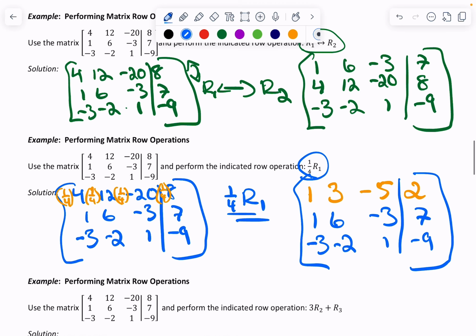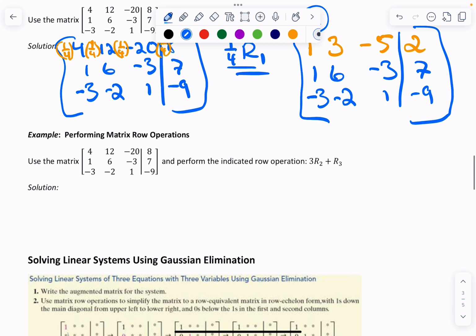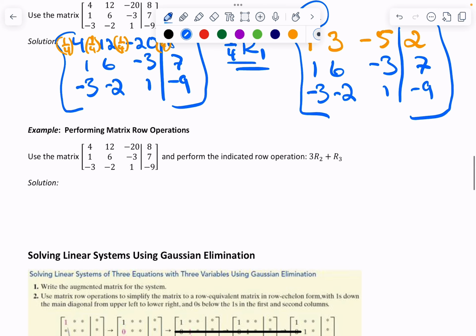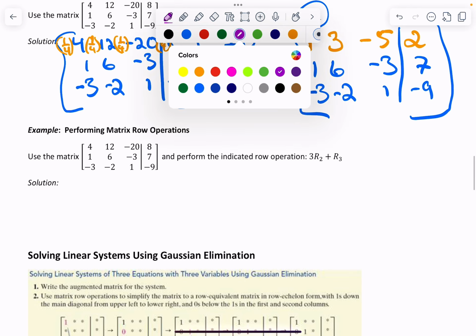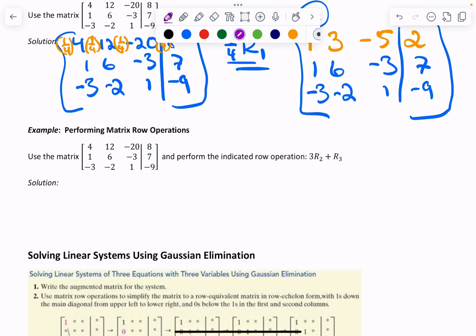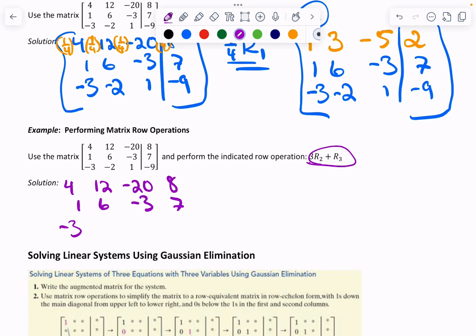Okay, next one, we are going to be multiplying row 2 and adding it to row 3. So 4, 12, -28, 1, 6, -3, 7, -3, -2, 1, and -9.